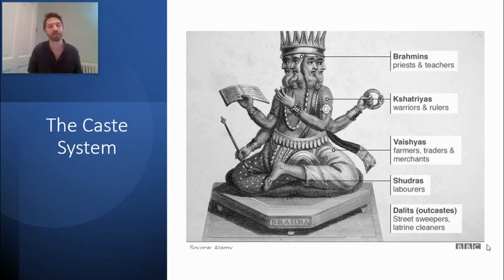And at the bottom of the caste system, you have street sweepers and latrine cleaners. And really interestingly, a lot of these come from the Bengal region, and that is a religious and cultural divide and prejudice that remains throughout this time period.